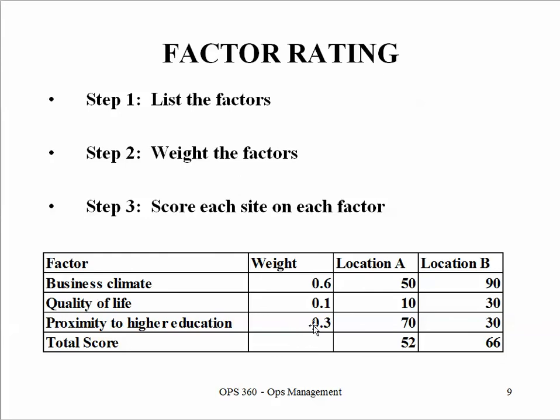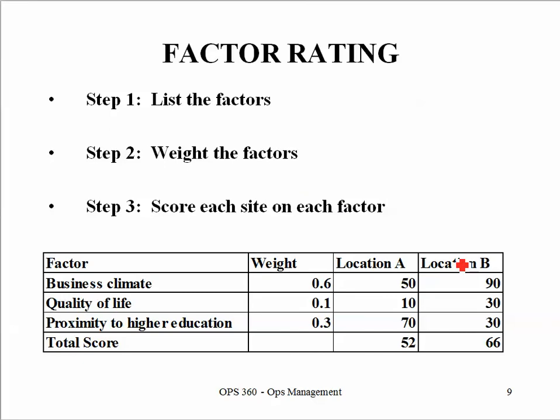Step 3, also pretty simple here. I just have to score each site on each factor. So if I have a team of folks together and I say, okay, I want you guys to, on a scale of say 0 to 100, give me a score for business climate, quality of life, and proximity to higher education for each of the two locations, location A and location B, that we're considering.